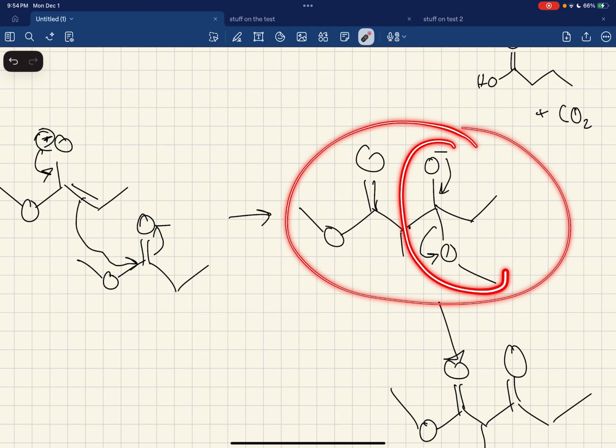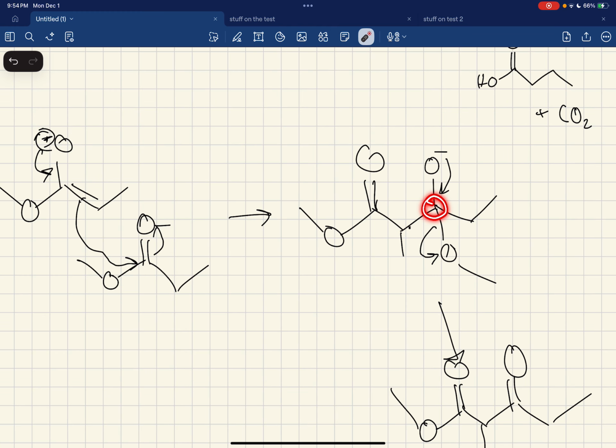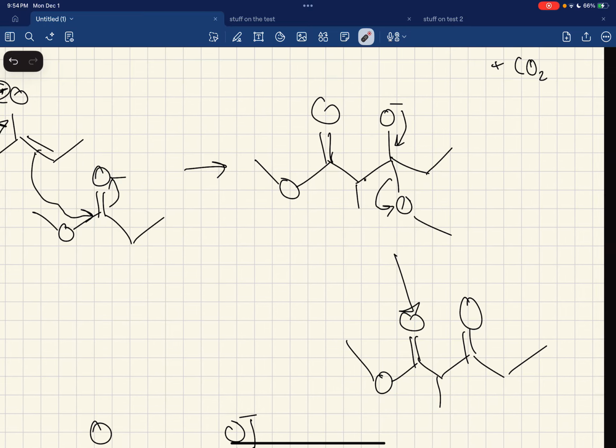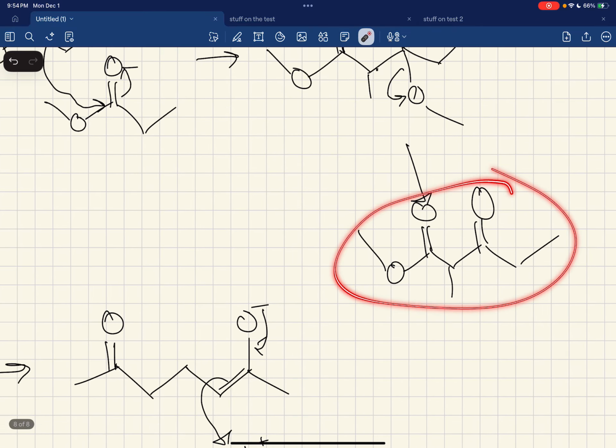And then there's, once again, this tetrahedral intermediate around this carbon, which is not as stable as this. So this is going to collapse back down. And this time, there's actually a good leaving group. So it's going to break this off, because that's a relatively good leaving group. And then it's going to form this structure.